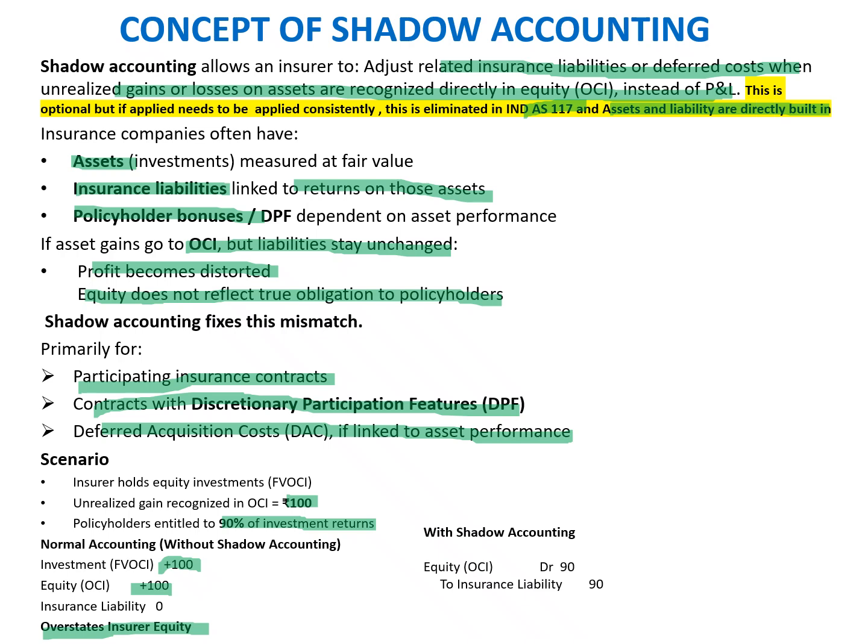So with shadow accounting, what is happening? We are transferring the 90% of the amount which resides in the equity to the insurance liability, because this is an amount which is payable to my insured people who have bought the policy which has the discretionary participation feature or is linked to the asset performance.